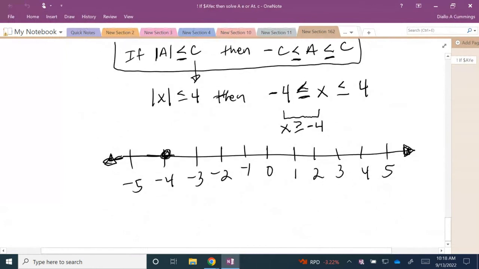So it's a closed circle at negative 4, and the line is going to move to the right. And at the same time, x is less than or equal to positive 4. So I'm going to draw a closed circle at positive 4. I want all values less than or equal to 4, so my line is going to extend to the left. And this is our graph.